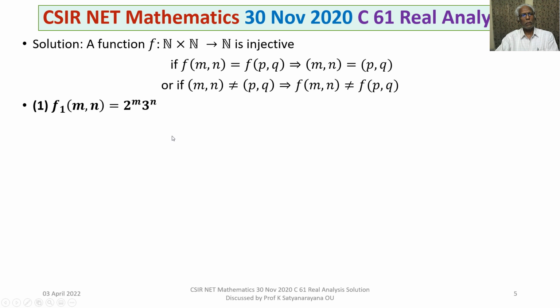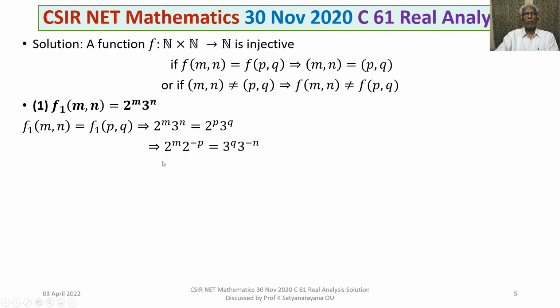Let's now consider option 1. f1 of m comma n is equal to 2 power m into 3 power n. Suppose f1 of m comma n is equal to f1 of p comma q. That implies, by definition, 2 power m into 3 power n is equal to 2 power p into 3 power q.